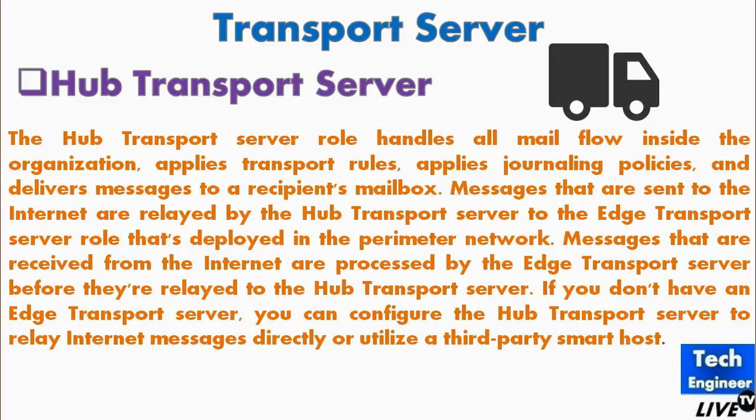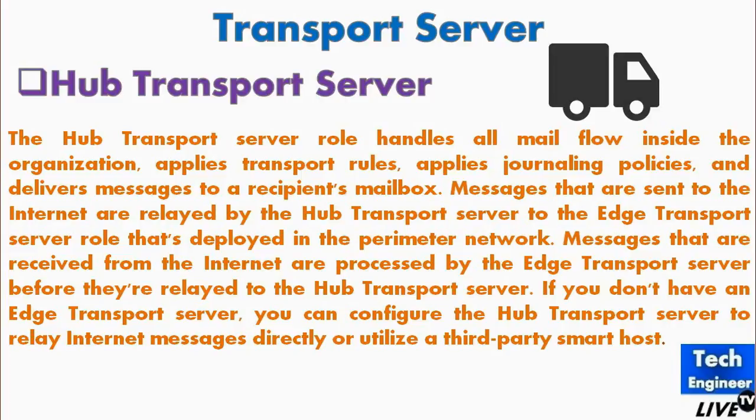The hub transport server allows you to send and receive mail inside the internal organization. For example, you have a company which allows you to send mail inside only, to other employees, but that mail will not go outside.